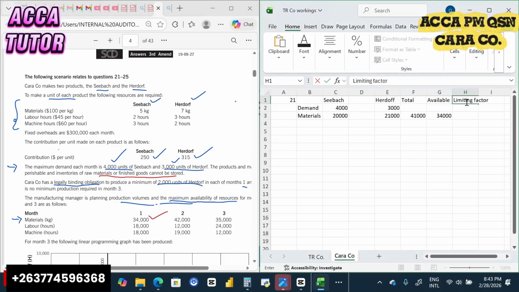Available is 34,000. And the total required is 41,000. All right, so we do have a limiting factor there. Yes, because here they are demanding more than what we can provide. You understand, right? Good. For materials, it's a limiting factor. What about labor?